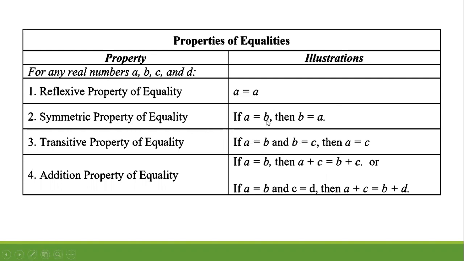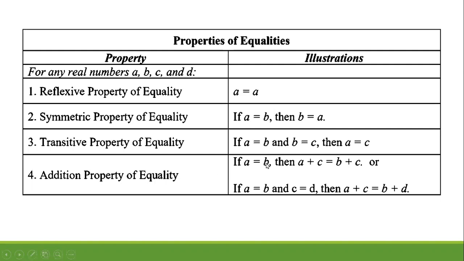If A equals B, then B equals A. Transitive property of equality. If A equals B and B equals C, then A equals C. Addition property of equality.